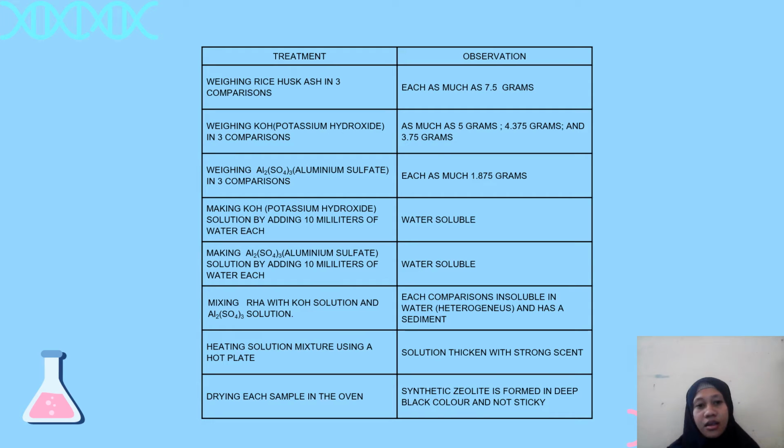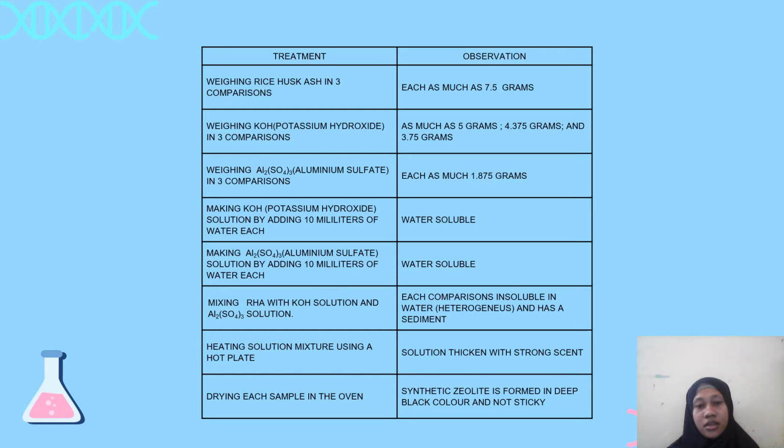Weigh Al2(SO4)3, or aluminium sulfate, in 3 comparisons, the observation is 1.875 grams. Make the KOH solution by adding 10 milliliters of water each.